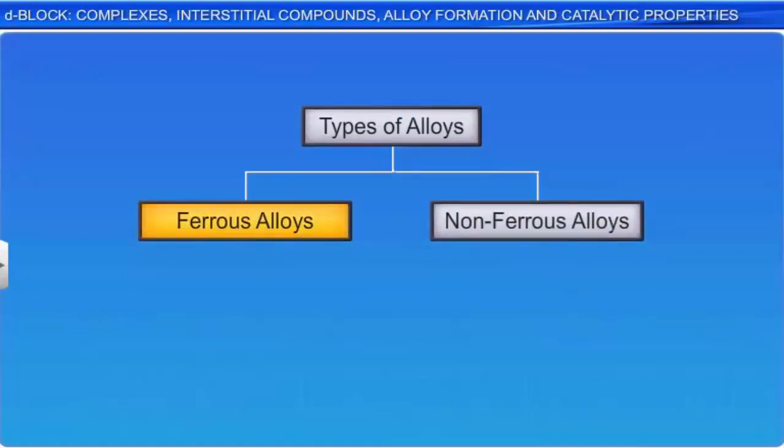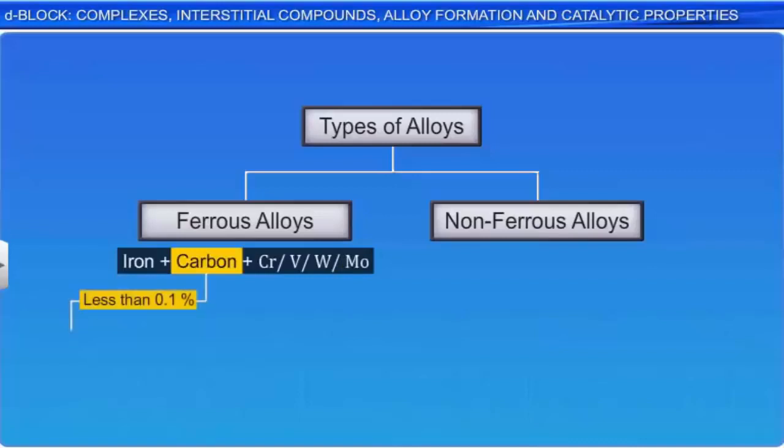Ferrous alloys contain iron, carbon, and one or two of the other elements like chromium, vanadium, tungsten, and molybdenum. When the content of carbon in an alloy is less than 0.1%, it is called an iron alloy.